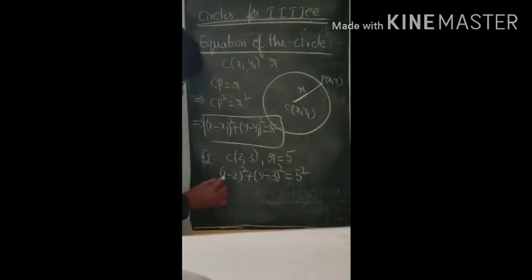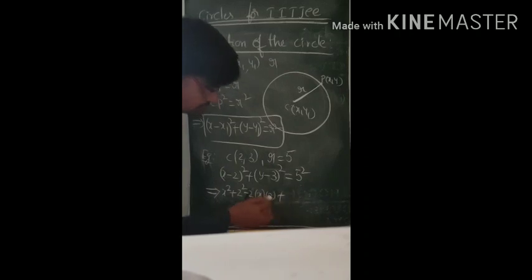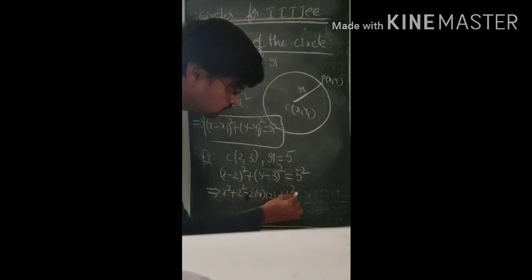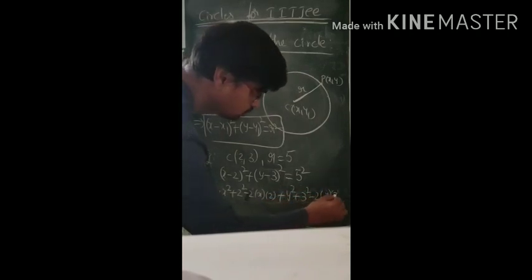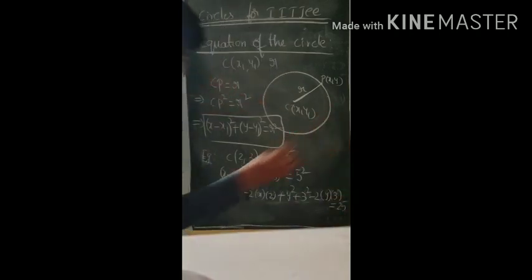Using the (a minus b) whole square expansion, we get x square plus 2 square minus 2 into x into 2, plus y square plus 3 square minus 2 into y into 3, equals 25.